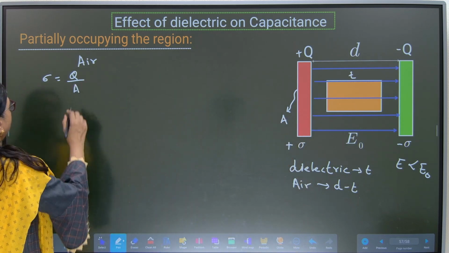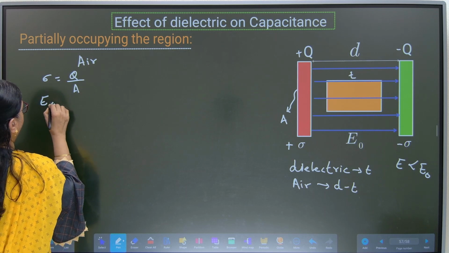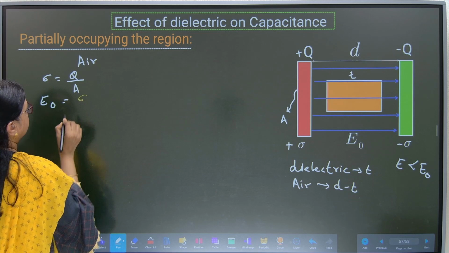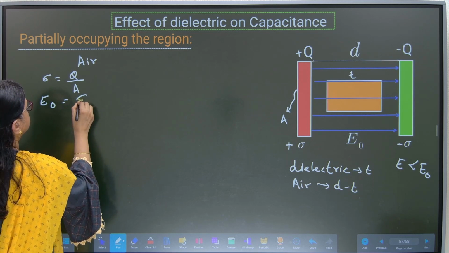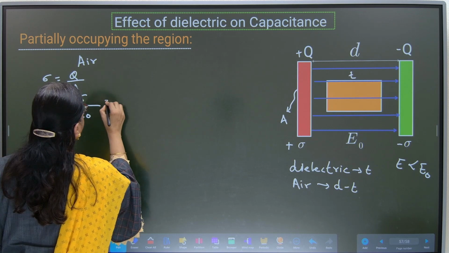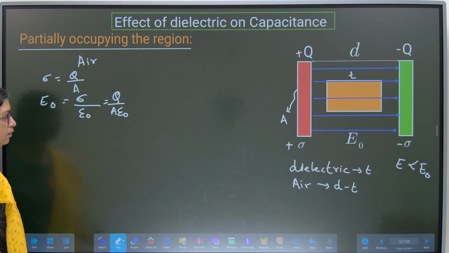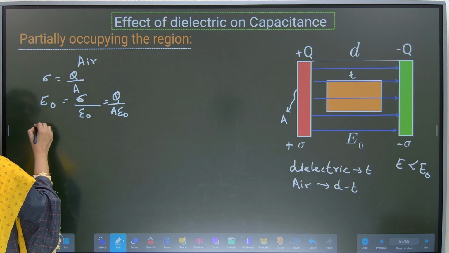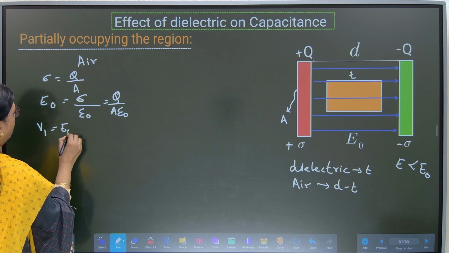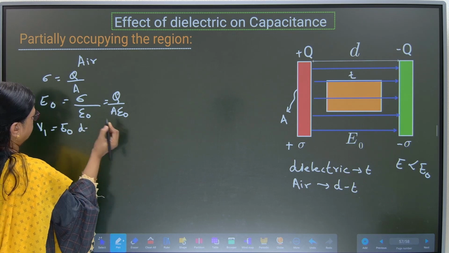This is only for the air portion. We can write E naught is equal to sigma upon epsilon naught, which is equal to Q by A epsilon naught, equation 1. Then V naught, or we can write V1, is equal to E naught times the length for air, which is D minus T, the distance between the plates.